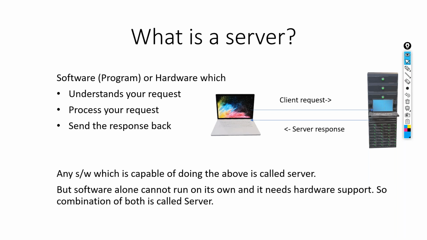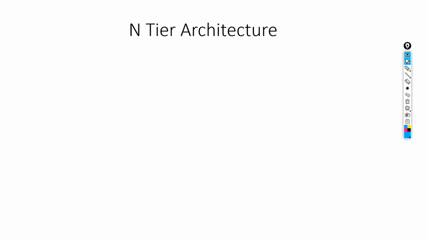This is the main important thing we should understand as a performance tester. Any person who is starting their career in performance testing should understand these terminologies. And we have something called the server architecture: 2-tier architecture, 3-tier architecture, n-tier architecture, right?